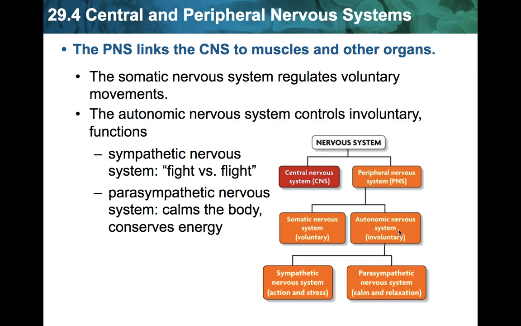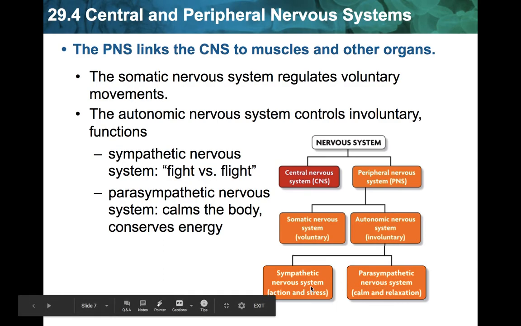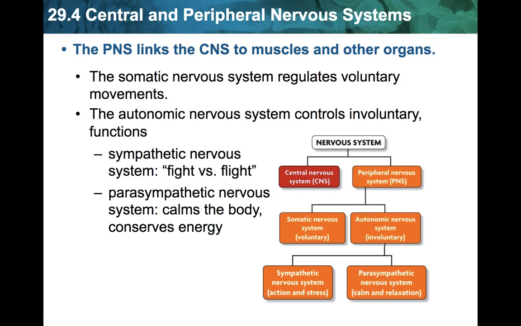Your autonomic nervous system, because it's automatic, involuntary, has the parasympathetic and the sympathetic. Sympathetic is where, let's say you almost get into a car accident and have high levels of stress. You're going to want to fight or flight. Some people even freeze up. Parasympathetic is your calm and relaxing nervous system.